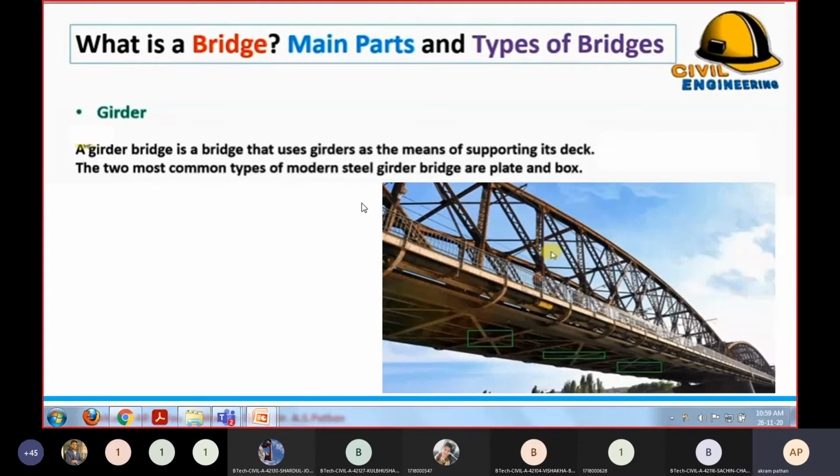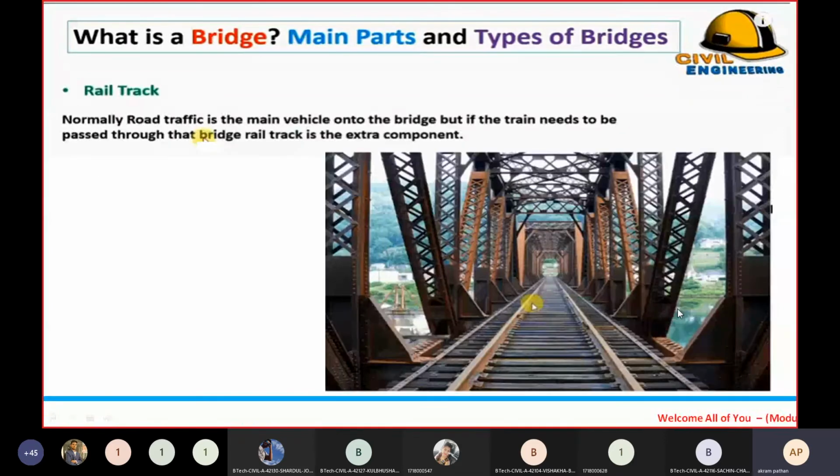Then another important part of the bridge is the rail track. Normally road traffic is the main vehicle on the bridge, but if a train needs to pass through the bridge, the rail track is the extra component.